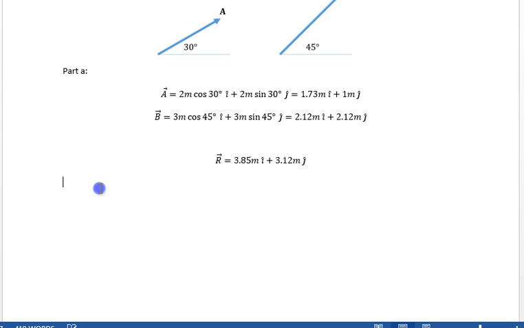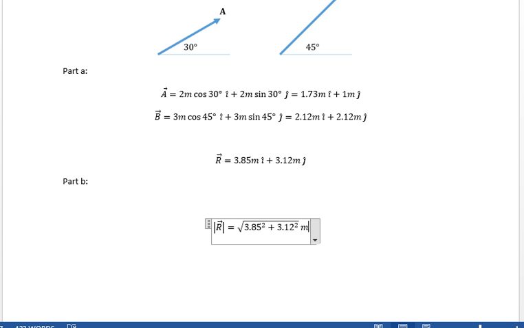Now part B. Part B is what is the magnitude of R, right? So the magnitude of R is given by the square root of the sum of the squares of the two sides.